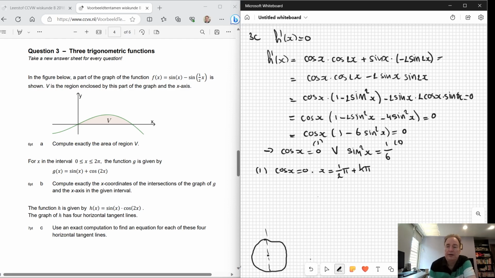And now what are the values for h here? Because we need to know the equation for the tangent line. We also want to know the y value of this line. So what do we get for cosine 2x and sine x? We can just substitute this here.